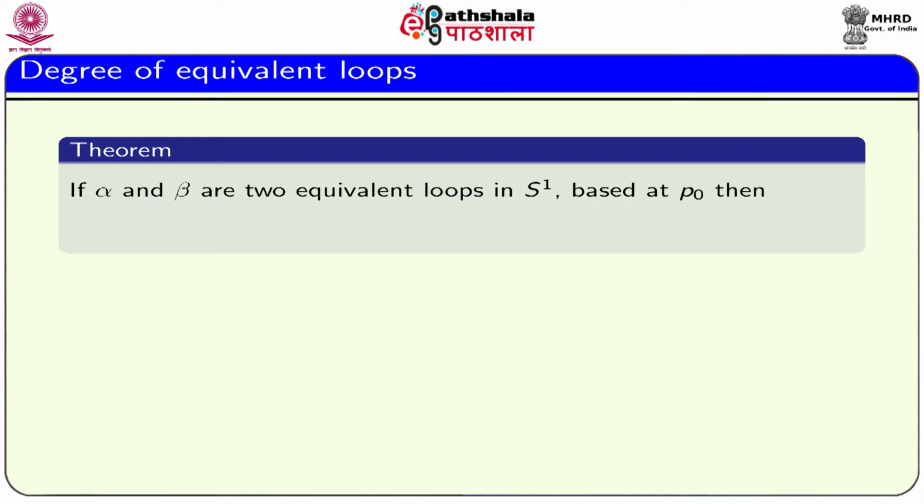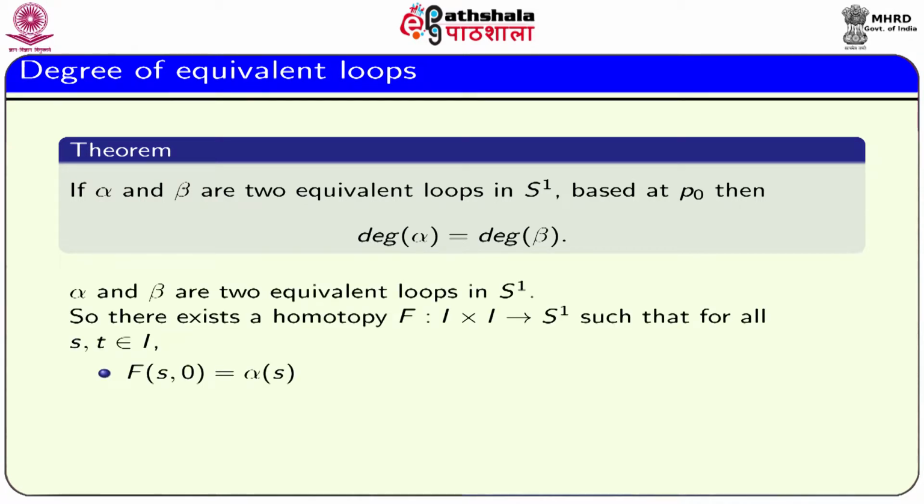We state a theorem: if alpha and beta are two equivalent loops in S1 based at P0, where P0 is the complex number 1, then the degree of alpha and the degree of beta are equal. Now we prove it.